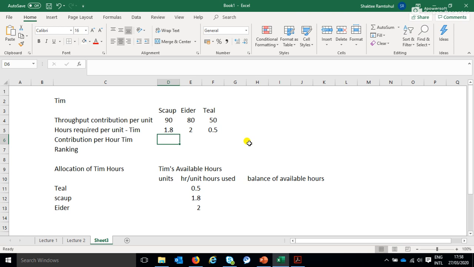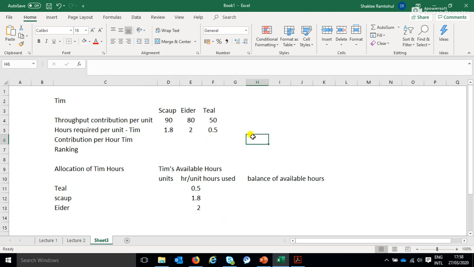Now, under normal circumstances, since we're concentrating on Tim and the available resources are limited, you will calculate the contribution per hour and then prioritize the one that gives the highest contribution per hour.